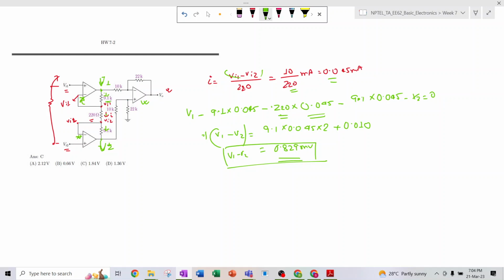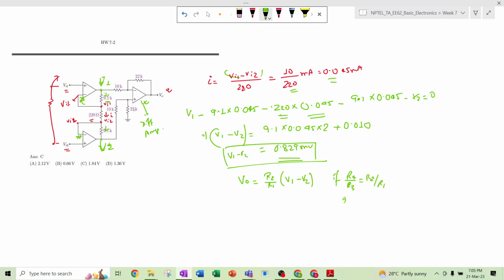Okay, so now this is a difference amplifier. What we have already discussed, for the difference amplifier the gain VO is nothing but R2 by R1 into V1 minus V2, if R4 by R3 is equal to R2 by R1, as I have already discussed.